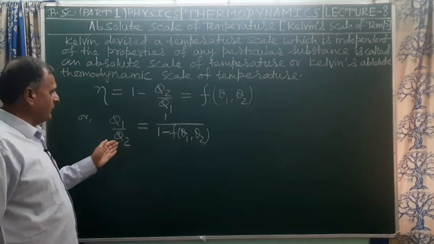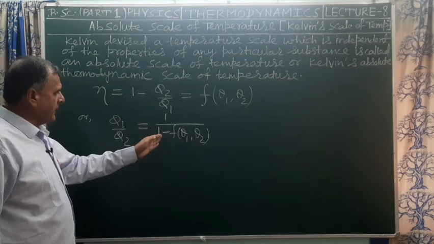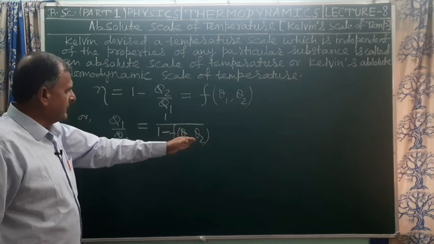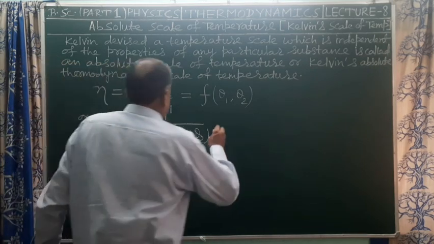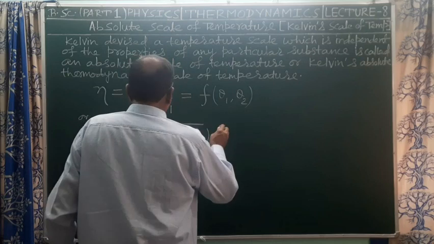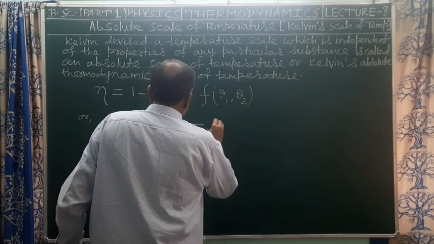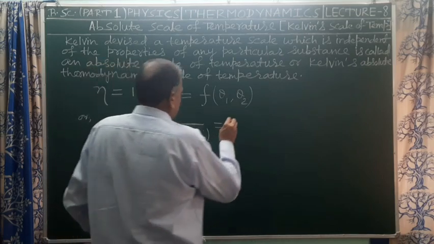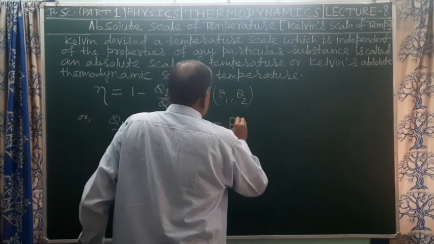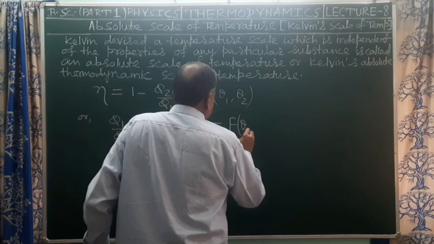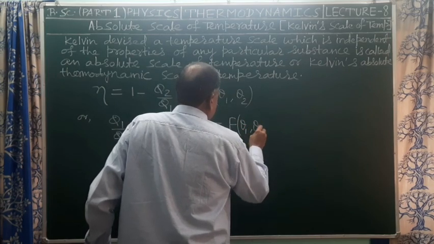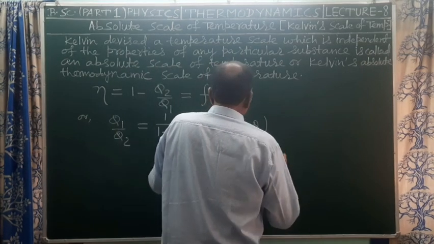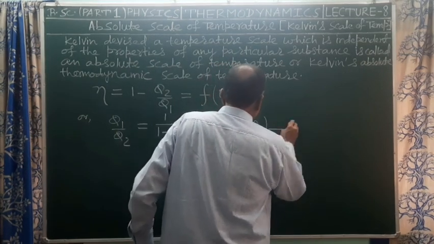So Q1 upon Q2 we can write as 1 upon 1 minus f(θ1, θ2), say capital F, another function of the two temperatures θ1 and θ2, and let it be equation number 1.